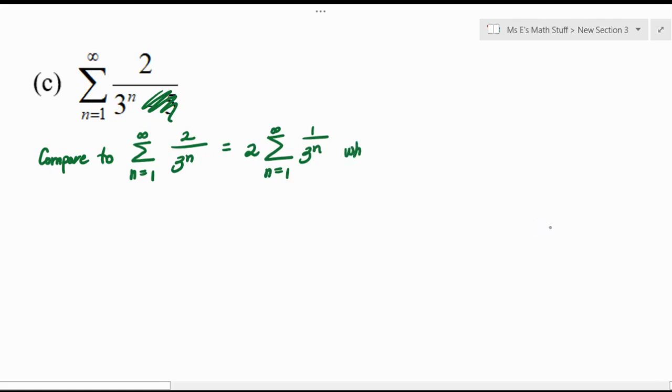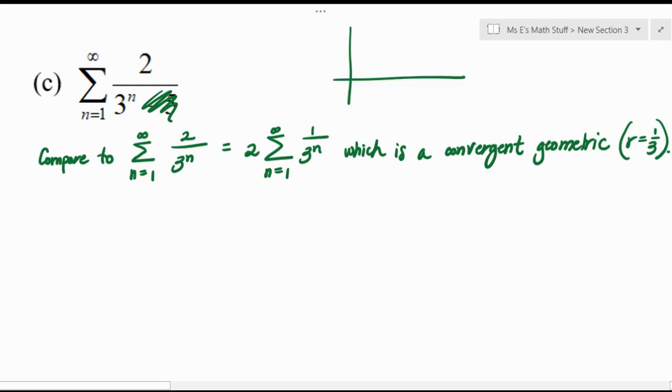And so I would say which is a convergent geometric. And then why am I saying that? Because the common ratio is 1/3. It's between -1 and 1, right? Okay, so if I'm comparing it to something that converges, so here's the geometric I'm comparing it to, right?